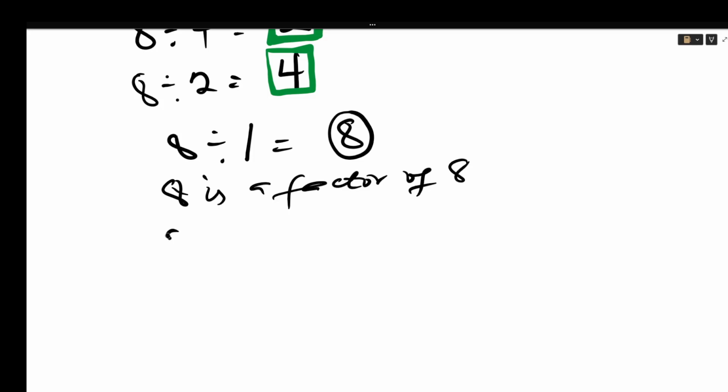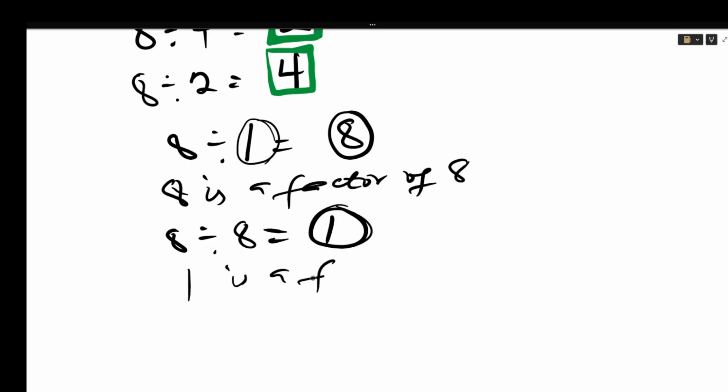Let's verify. 8 divided by 8 is 1. Now you can see that the 1 that we used initially has also appeared over here. So 1 is a factor of 8. Right, I believe this is clear.